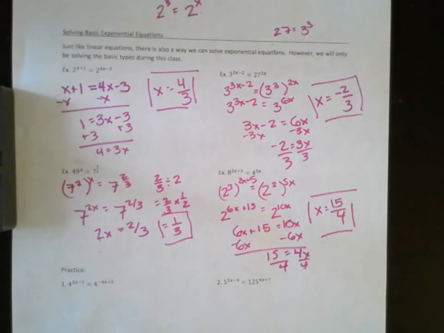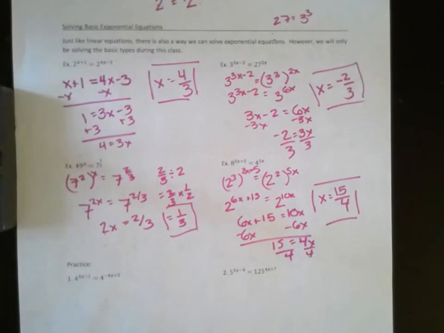So, again, guys, that's how you solve certain types of exponential functions. Again, these are the basic ones that we're going to solve in Math 1. We aren't going to go into logarithms because it's not needed.